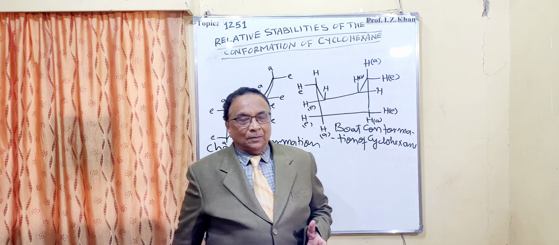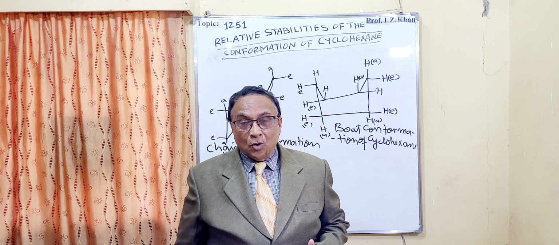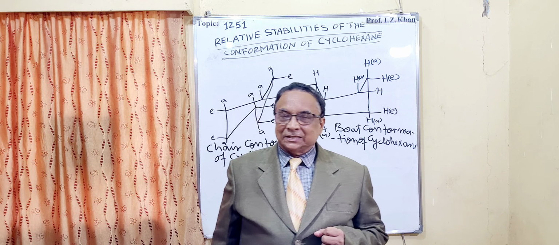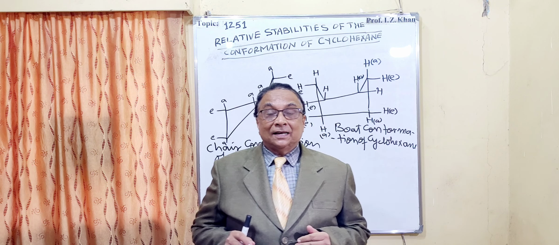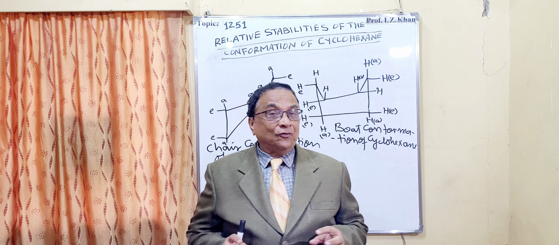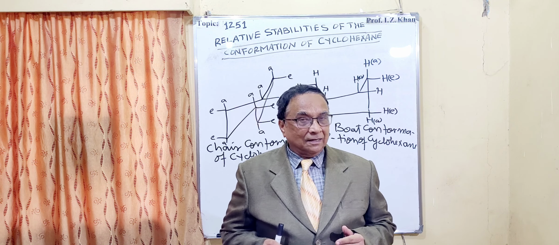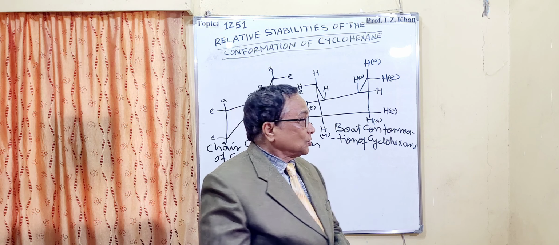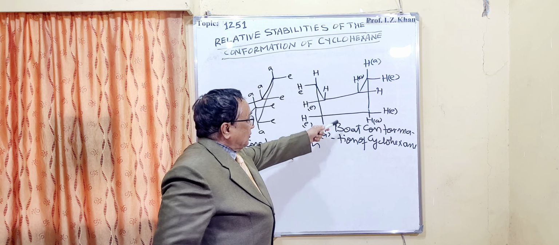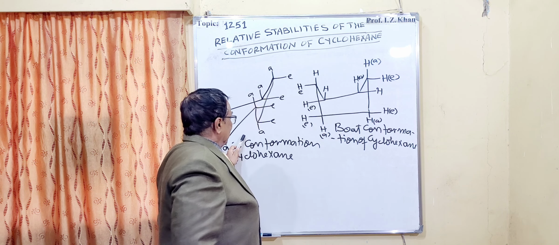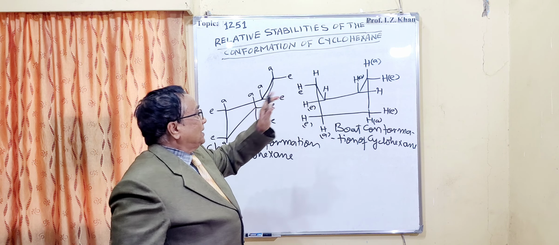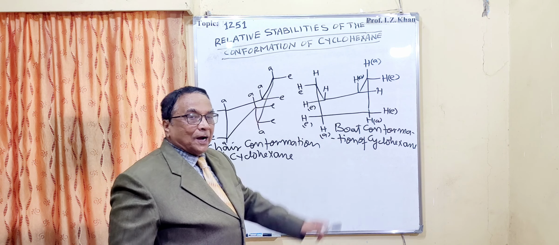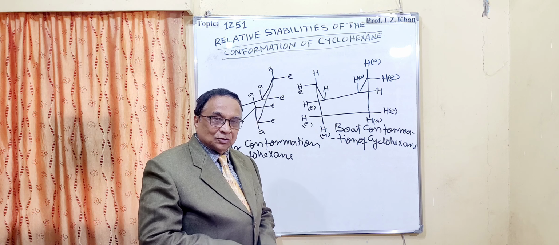So here I have given you the most important two conformations of cyclohexane, how in space they are twisted in the form of either chair or boat. So this is called boat conformation of cyclohexane, and this is called chair conformation of cyclohexane, and it has two types of hydrogen bonding.